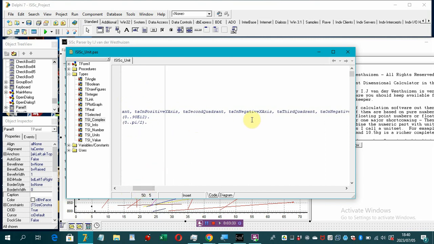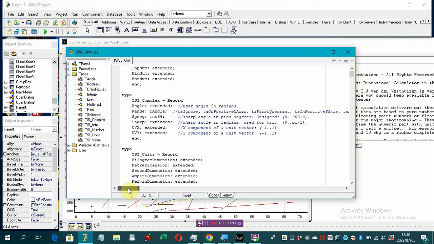Second quadrant, on negative x-axis, third quadrant, on negative y-axis, on fourth quadrant. So I separate the axes from the quadrants, because if you're on the axis, you're actually on the axis itself, and the quadrants are between the axes. So x and y, positive and negative sides.